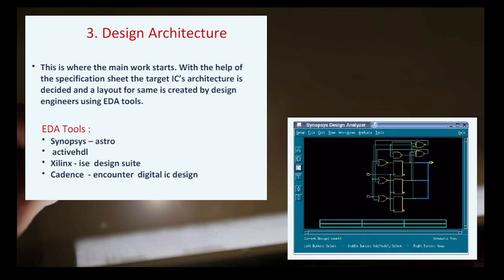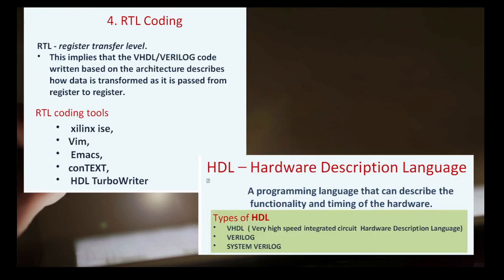Here we will be using some EDA tools like Synopsys, Active HDL hardware description language, Xilinx ISE, Cadence. A display is provided here where we have some logic gates with a flip-flop. Next, RTL coding. For this, we need to know hardware description languages like VHDL, very high speed integrated circuit hardware description language, Verilog, and SystemVerilog.